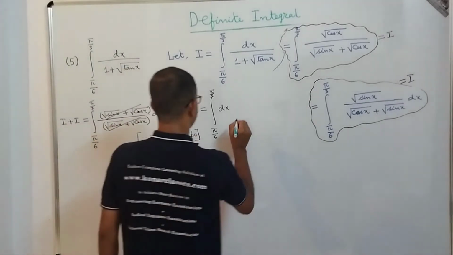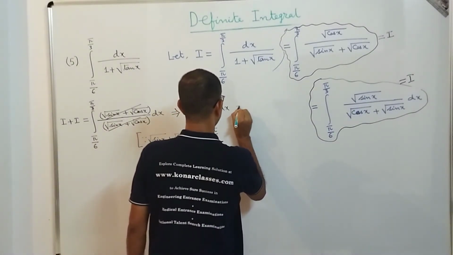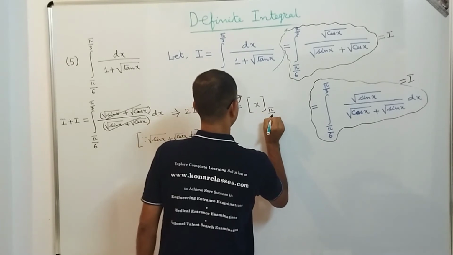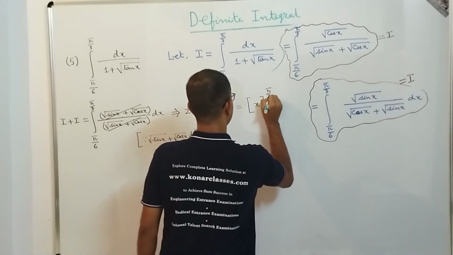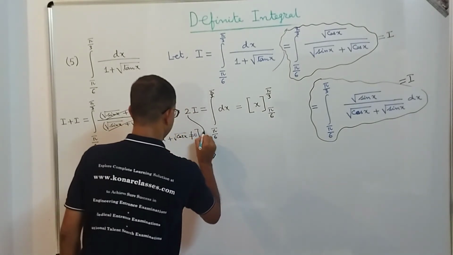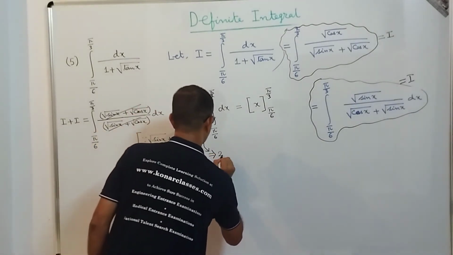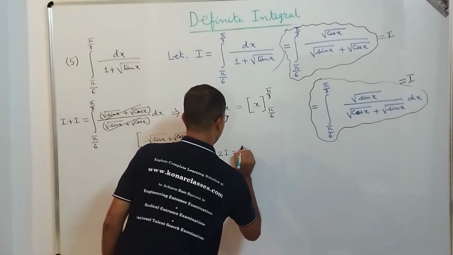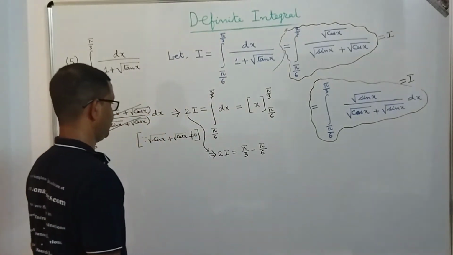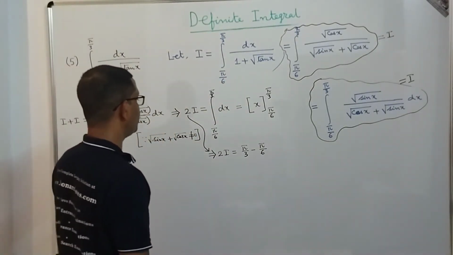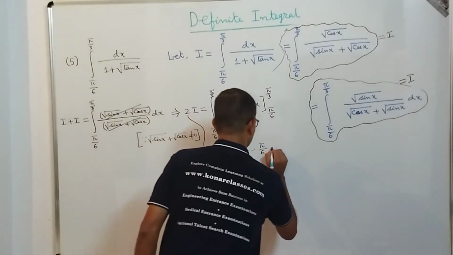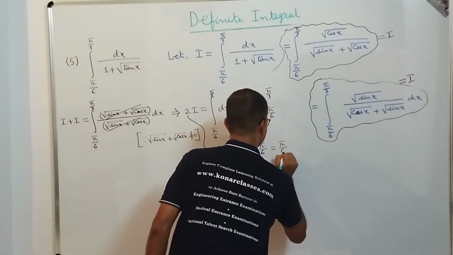So what, dear students? This is equal to x, lower limit pi by 6, upper limit pi by 3. So 2I is equal to pi by 3 minus pi by 6, that is equal to pi by 6.